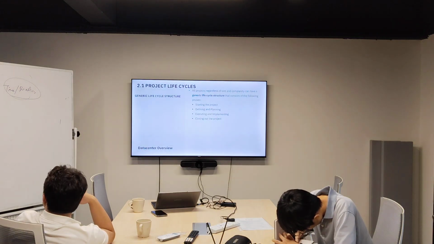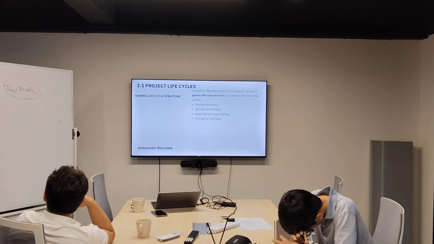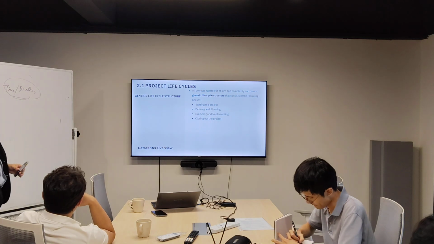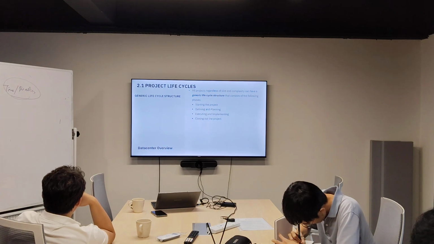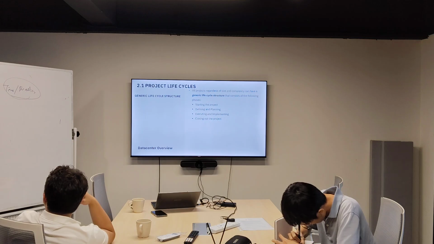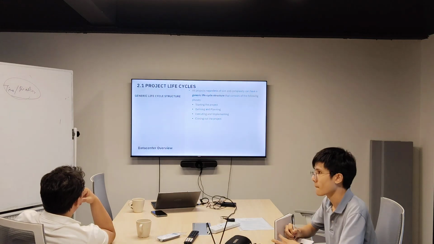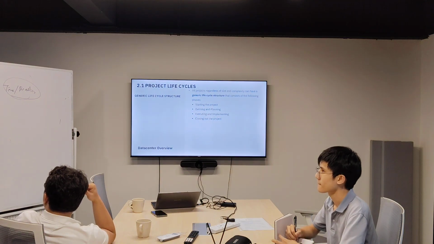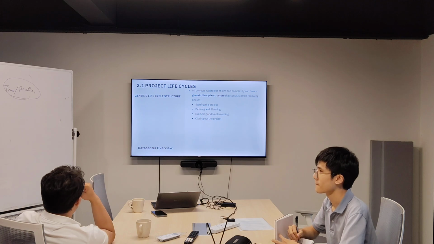When you define it, you need to plan how you achieve your goal with how much budget you have, and by when you can complete. Some can be 3 months, some 6 months, some 9 months or 12 months. And then when you have defined and planned already, you need to execute and implement it.